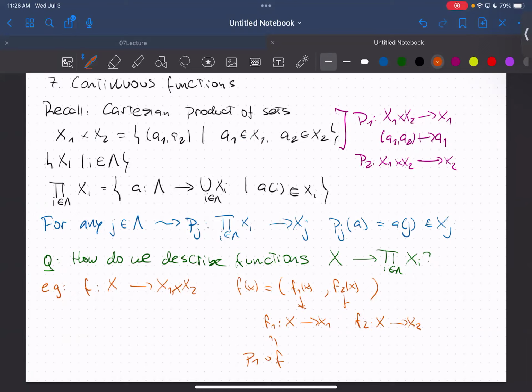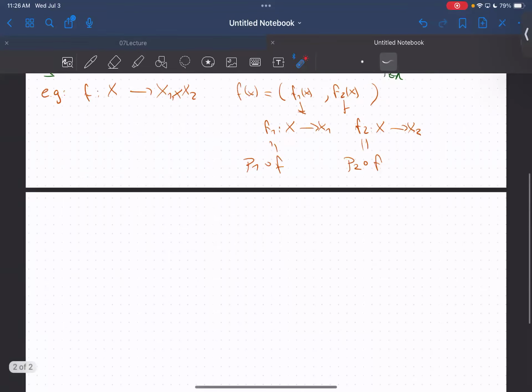And f2, well, just do f, but project to the second coordinate. And of course, you don't need the product here to be finite. You can do this in any other setting. So let's write that as a definition. I will say this is not topological so far. Notice everything here is just set theory.